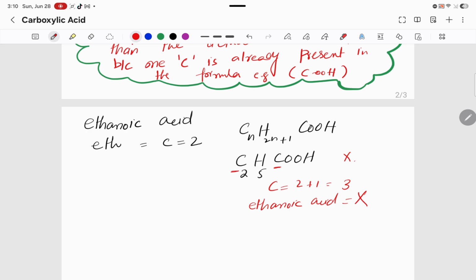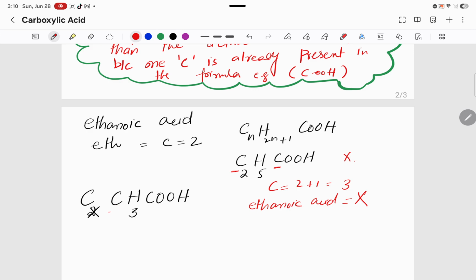Then what do I have to do? I will have to choose 1 carbon less. So instead of 2 here, I will write C1, or just C, no need to write the 1. H, 2n plus 1, that is CH3COOH.